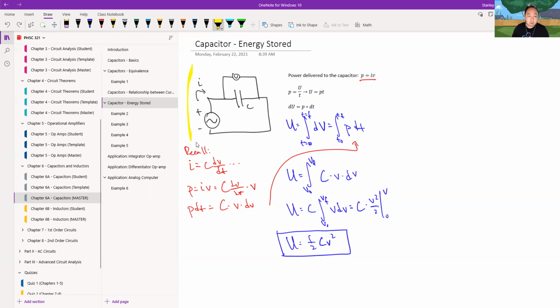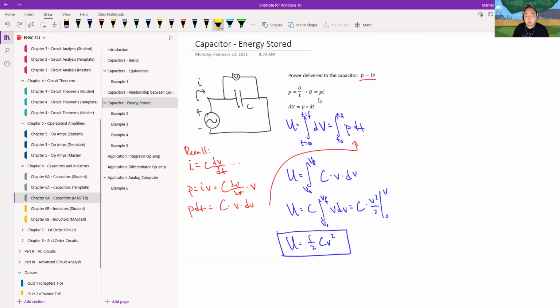Now, in our circuit, we have an alternating current being sent into the capacitor. Because we're receiving an alternating current source, there's usually some change in any given moment because of the sinusoidal wave coming in.